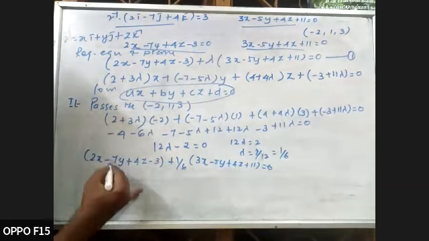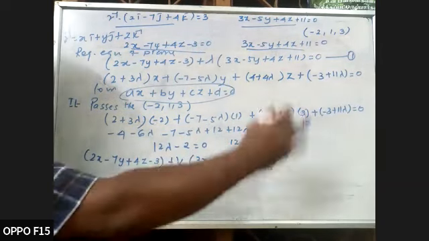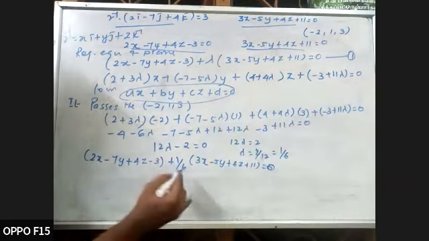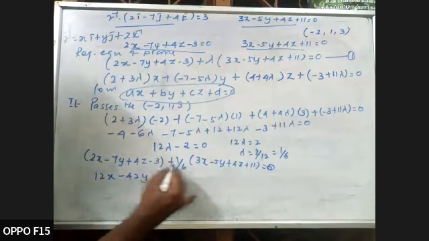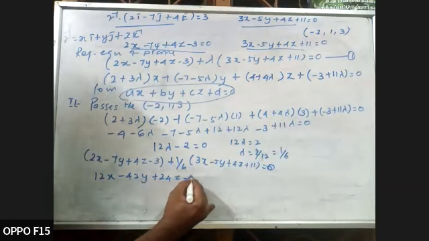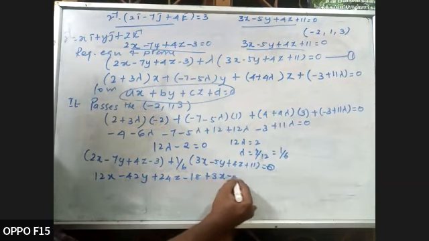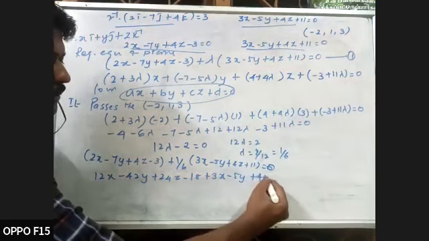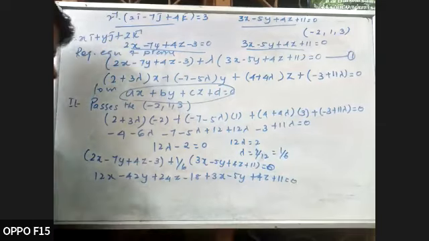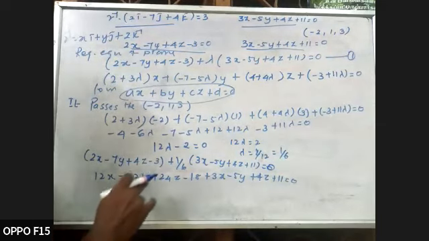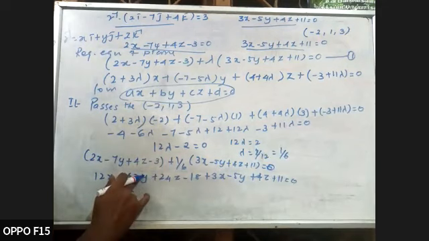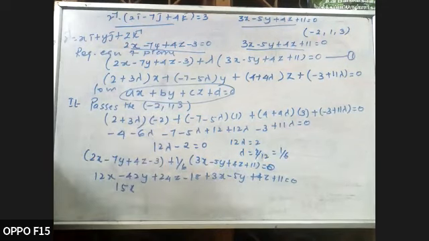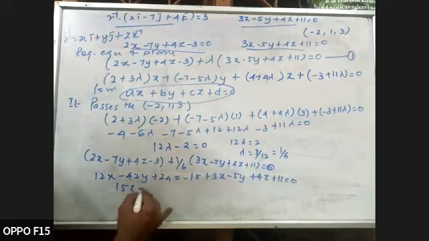Cross multiply by 6, because we take the LCM and the right hand side remains 0. 6 into 0 is 0. Multiplying by 6 gives 12x, 6 7s are 42y, 4 into 6 is 24z minus 18, plus 3x minus 5y plus 4z plus 11 equal to 0. Now 12x plus 3x is 15x, minus 42y minus 5y is minus 47y.